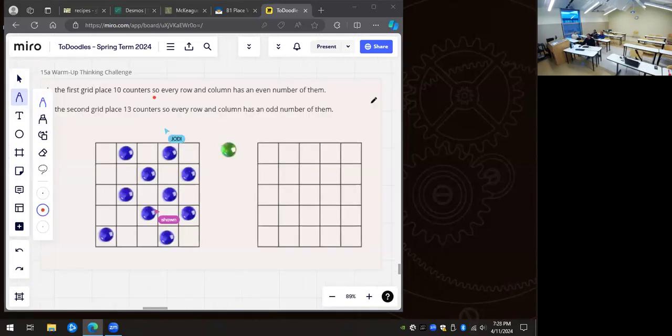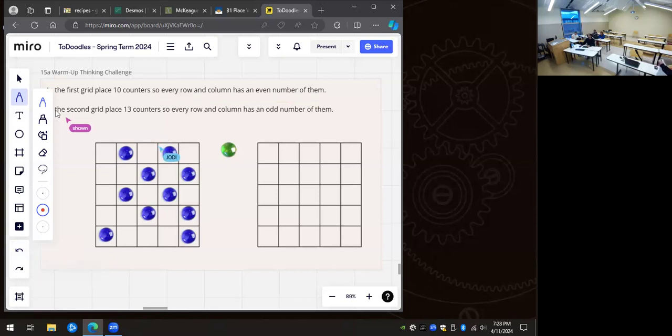So this is a weird, tricky warm-up problem. We're trying, in the first grid, to have 10 counters, so there's 10 blue things in this first grid. And we want every row and column to have an even number.